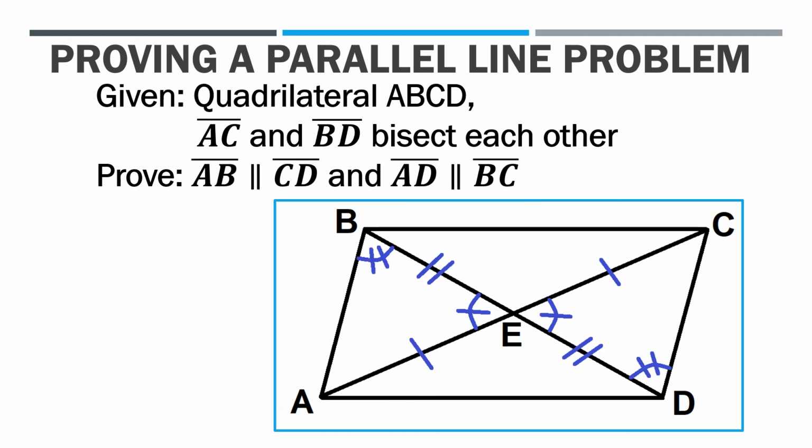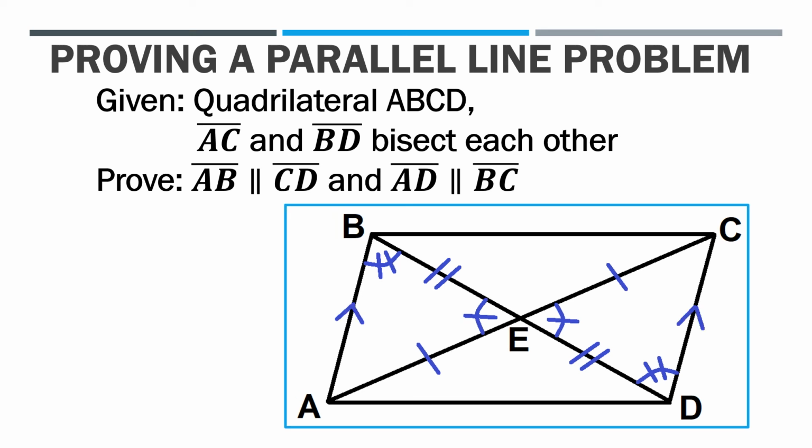Hence, by CPCTC, the alternate interior angles ABE and CDE are congruent. And so, line segments AB and DC are parallel by the AIP or alternate interior parallel theorem.